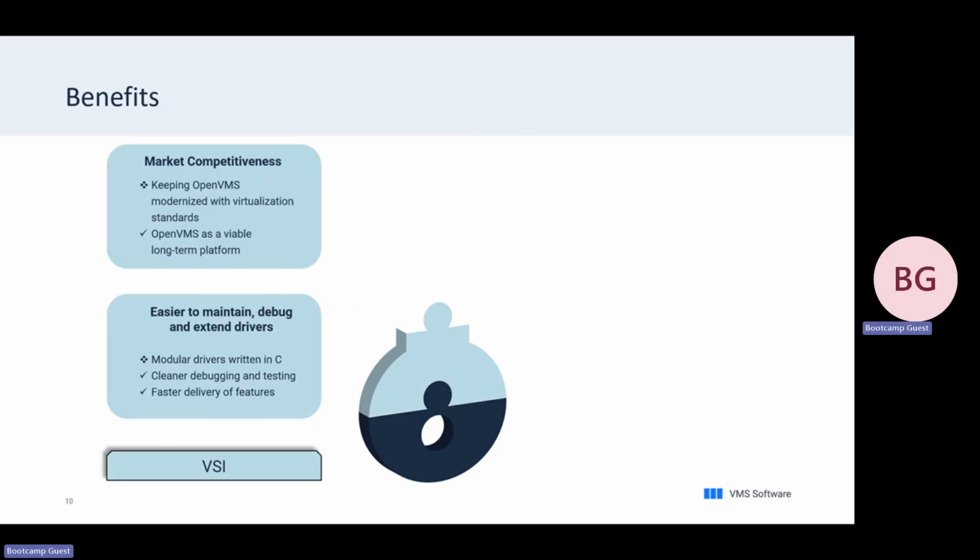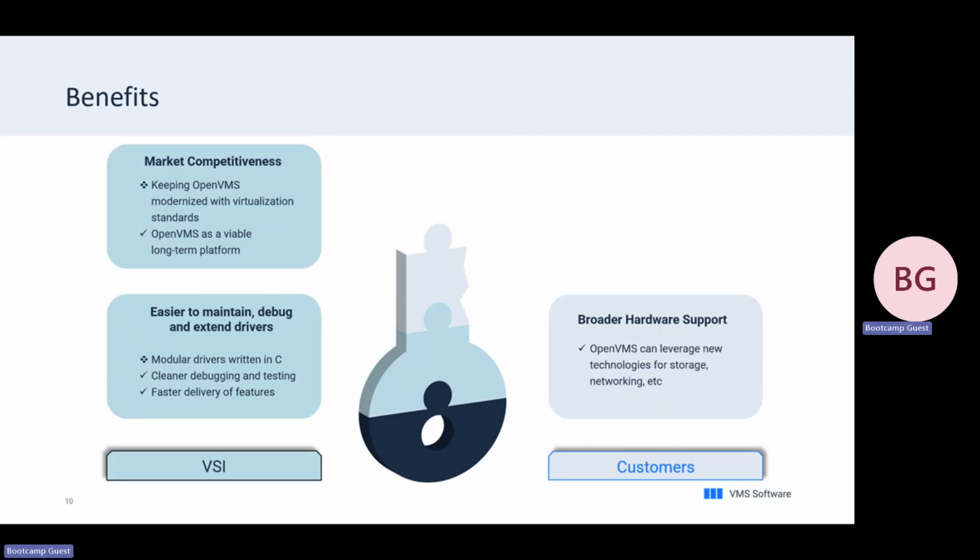And also, we want to be market competitive by keeping OpenVMS modernized with the industry virtualization standards. And of course, we want OpenVMS to remain a stable long-term platform. From the customer side, they can also benefit by having broader hardware support, since we can leverage new technologies for storage and networking, and generally it is easier for us to adapt to more vendors.